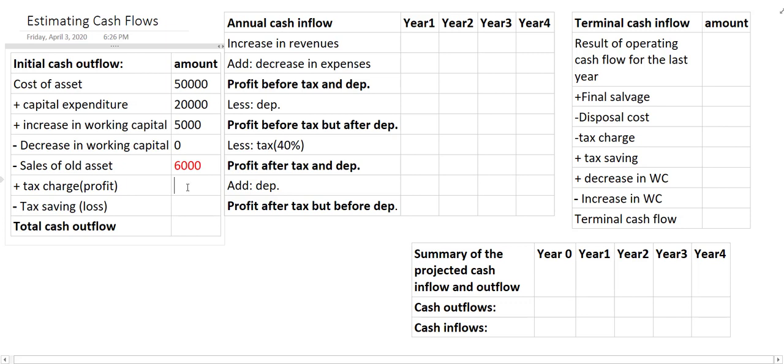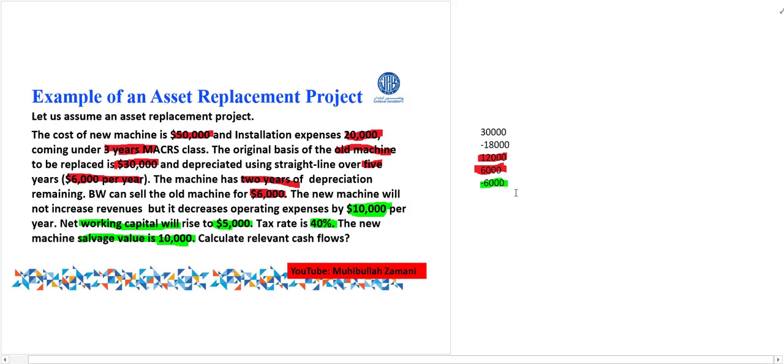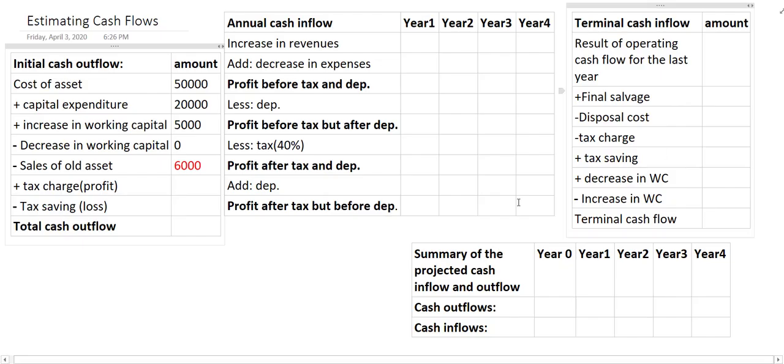Next one. In the old project, did we make a profit or suffer a loss? As I have shown you, in the case of the old project, we suffered a loss. Why? Because we were supposed to sell it for 12,000, but we sold it for 6,000. So you suffered a loss of 6,000. This is the rule: if you make a profit, you have to pay tax to the government.